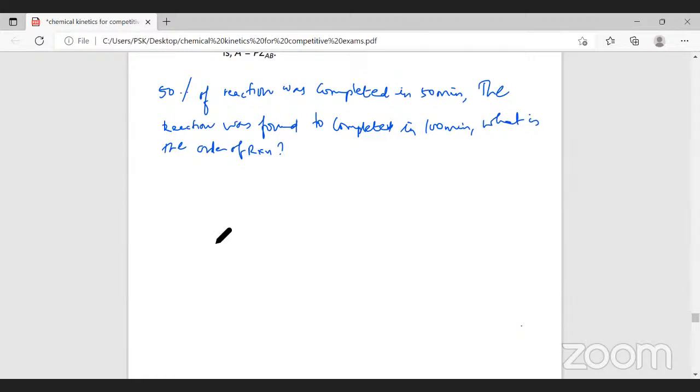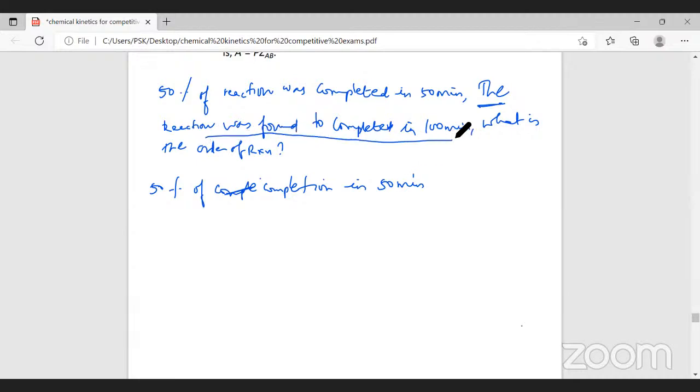So what is given? They say 50% of the reaction completion in 50 minutes. They've not mentioned the percentage for the other; they clearly say the reaction was found to be completed in 100 minutes.